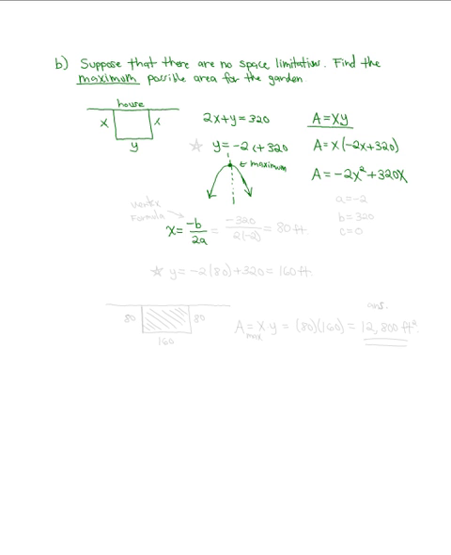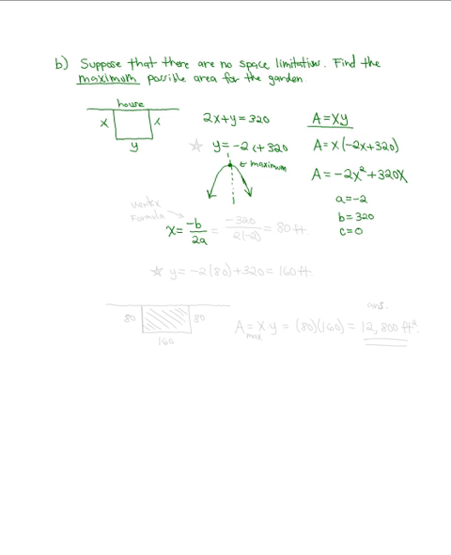And of course, little a being the coefficient is negative 2. B is the middle coefficient, 320, and then C, our constant term, we don't have one, so it's 0.